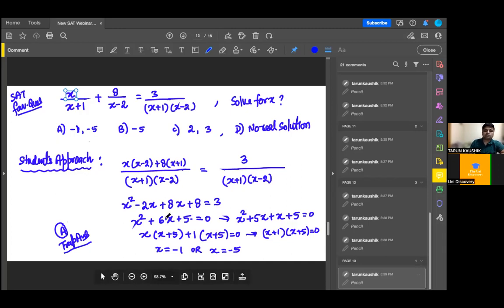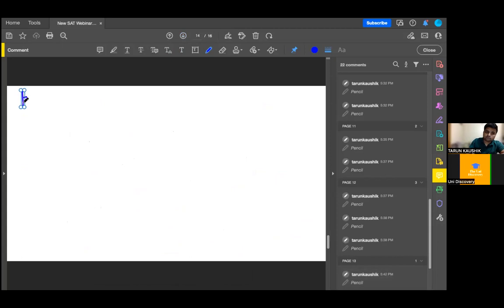There seems to be nothing wrong in this approach because I have made the denominator common, I have compared the numerator correctly, I have done the factorization of the quadratic equation properly, and I got the roots as -1 and -5. Why is this person saying that A is not the correct answer? Now let's try and understand the point of the question.